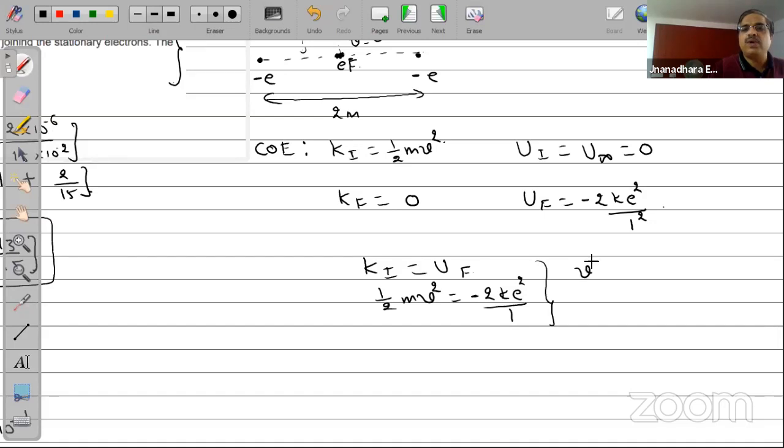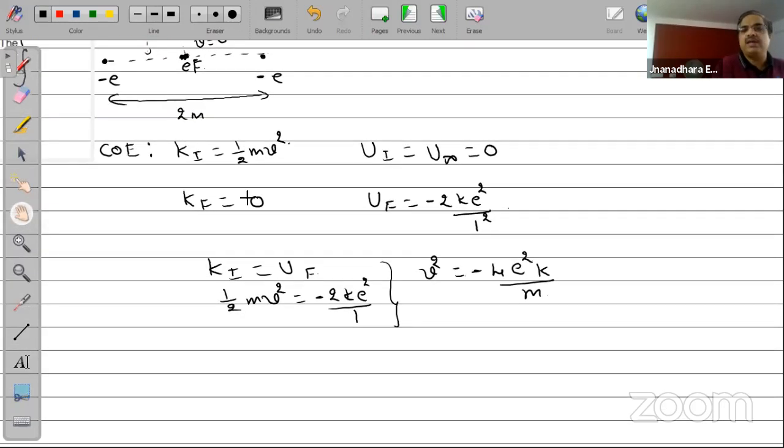So v square, which is what we want, will be equal to minus 4 e square k by m. Let us quickly simplify this and get the answer. So this is minus 4 into e square. Keep it like that, I'll tell you why.